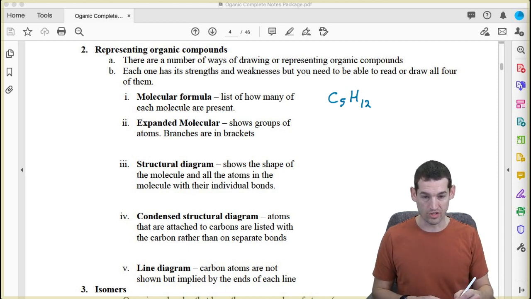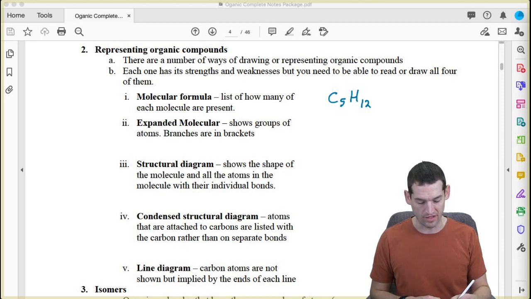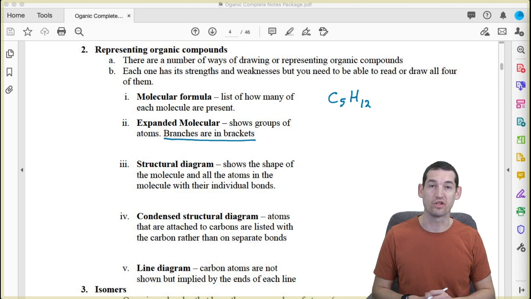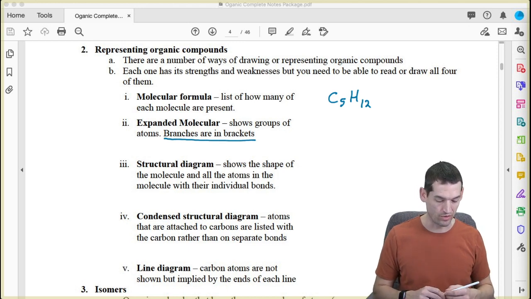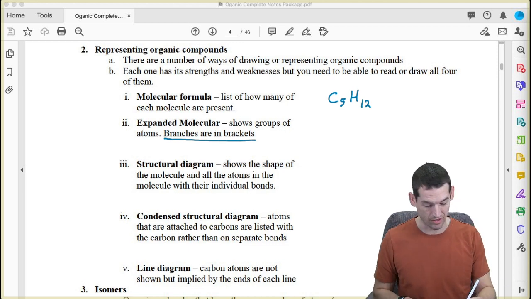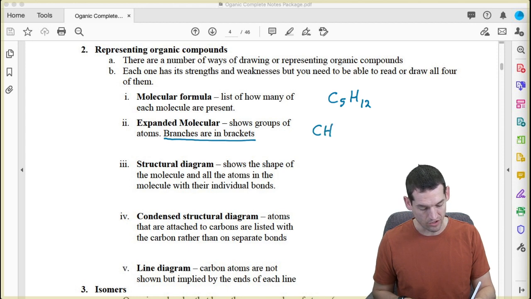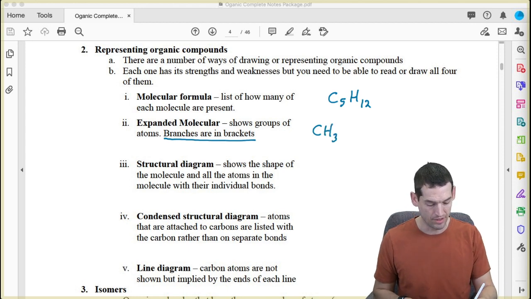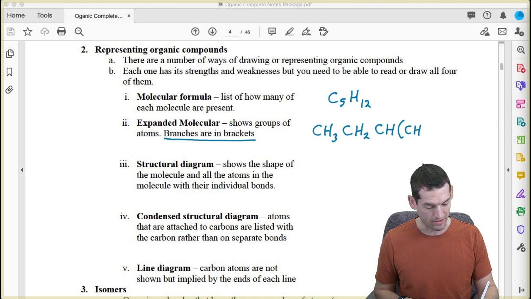And one thing to notice here is also that if you have anything in brackets, that's usually talking about a branch. So this molecule might look something like this. CH3, there's my first clump, and then I have a C with 2 H's, then I have a C with 1 H, and then a bracket CH3.